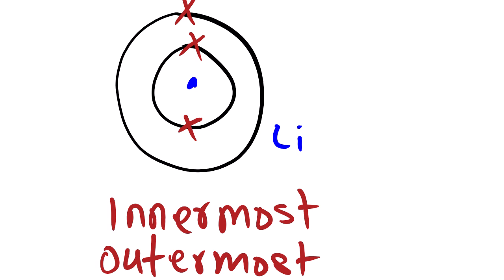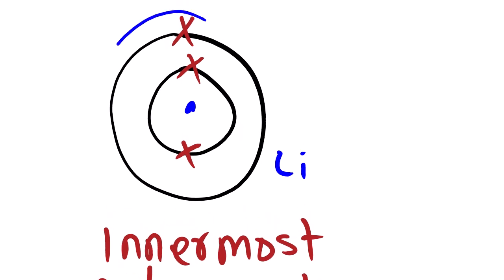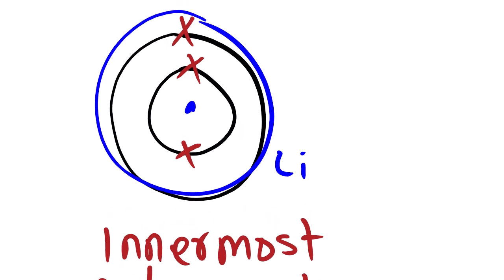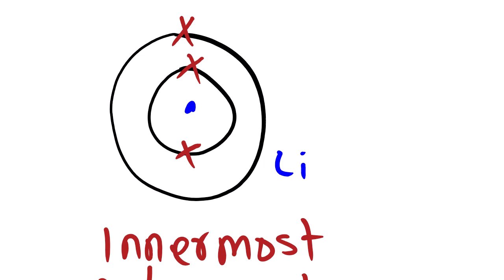Then it will assume the innermost shell's electronic configuration. I mean, it will just give up this shell, because it is not full, and it always wants the outermost shell to be full.